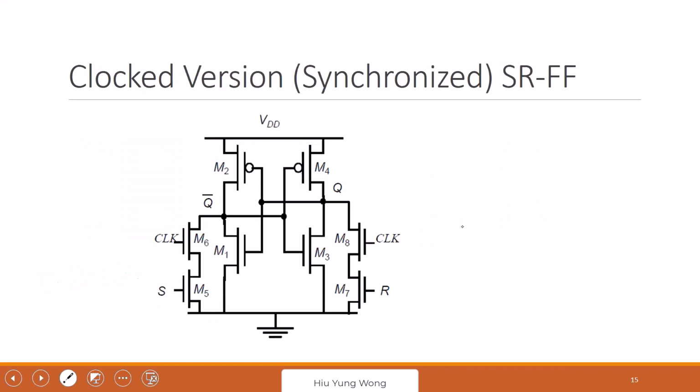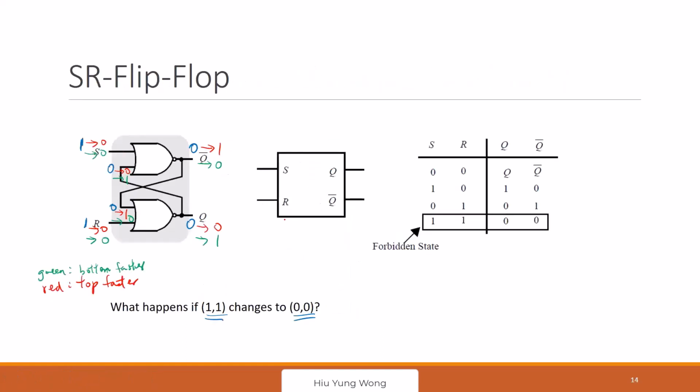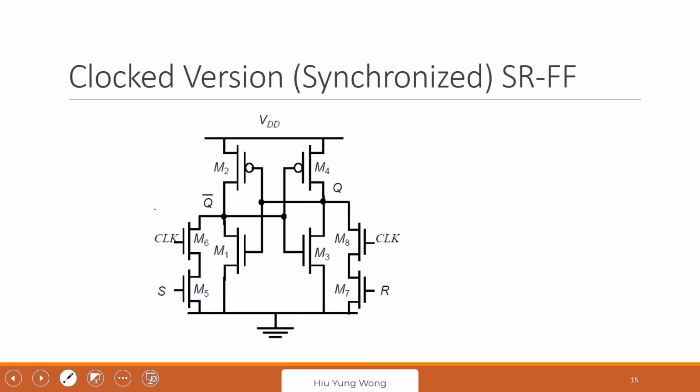Now, we also have a clocked version of the set-reset flip-flop. This one is like this, right? Very complicated, right? But it looks like it's not really that complicated because this is a transistor. Here we have not implemented the transistor yet. This one is already 8 transistors, right? For NAND gates, 2 NAND gates, right?